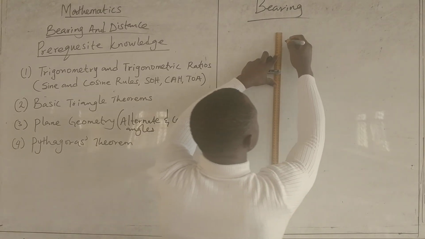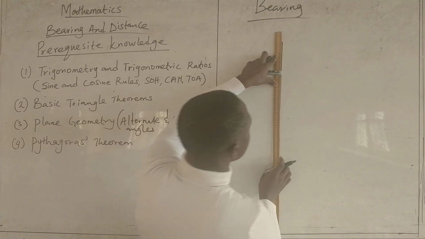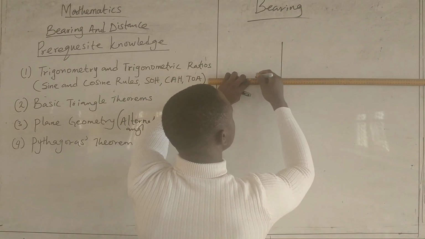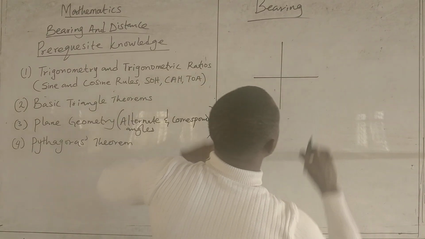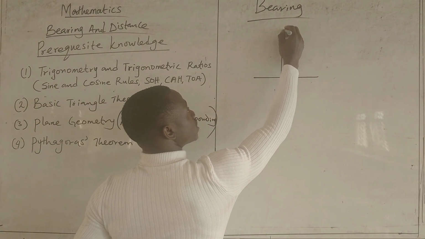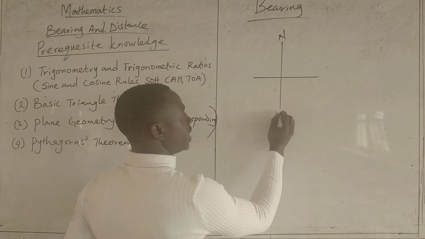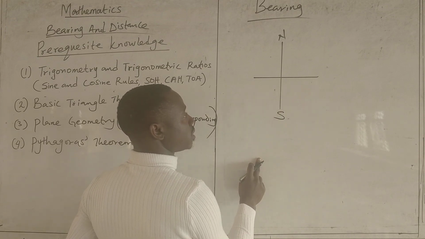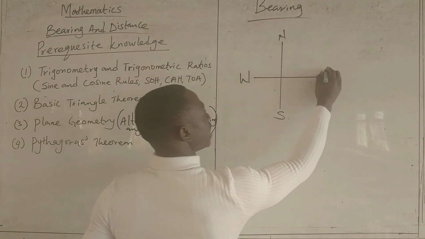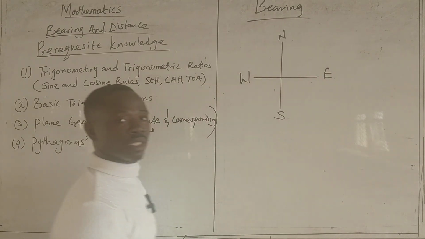All right, so this is it. Draw a vertical line, then draw a horizontal line so that both of them meet at an angle of 90 degrees. Now here is the north, which is N. Here is the south. Here is our west, while here is the east.